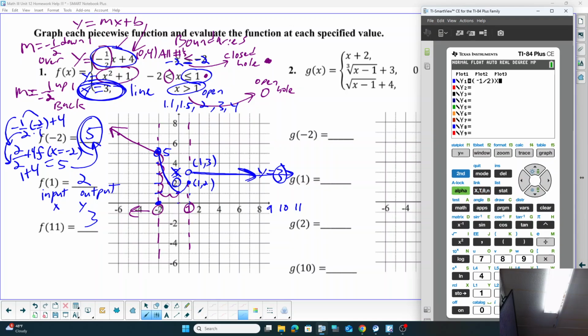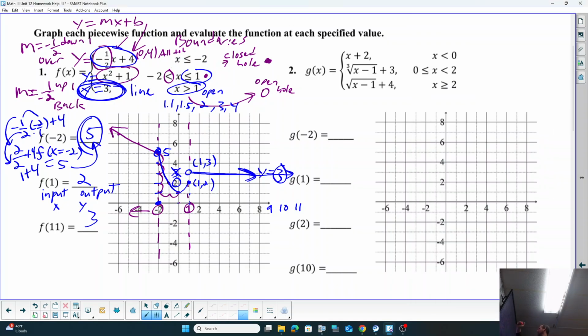So we're going to go +4. Okay, we have to put all of that in parentheses now. For this to work, you put a second set of parentheses around your whole equation, your y equals mx plus b, divided by the boundary. And our boundary is x less than or equal to -2.